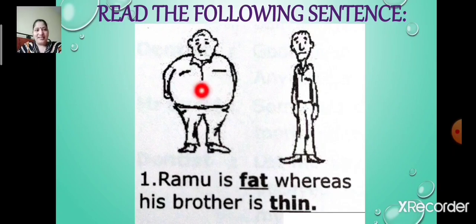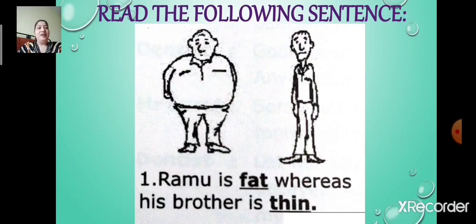That means they are completely different from each other. They are opposite to each other. Fat and thin are opposite words.